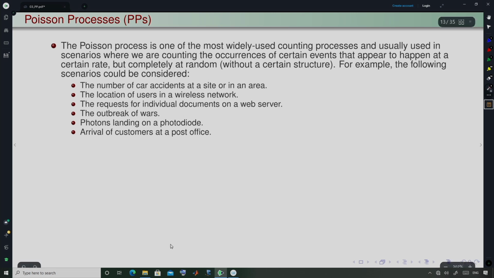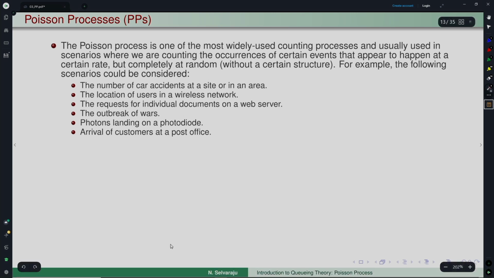There could be a number of such situations, and it has been shown using empirical studies that when you have a large number of unknown sources from which the arrivals or events can happen, then the superposition of all these together behaves more or less like a Poisson process. This has been shown in the literature.